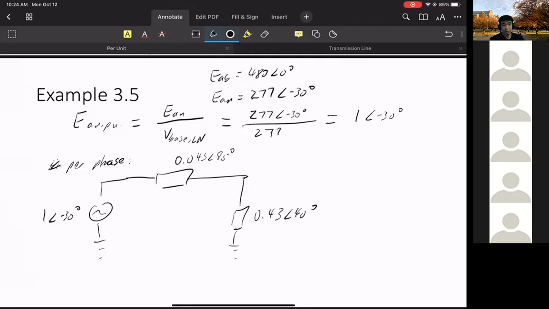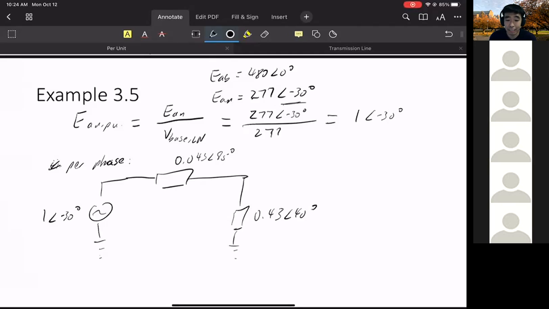Any questions with this one? The important thing to remember is that when you go from line to neutral, there's an angle shift. There's a 30 degrees angle change, right? Before, when doing in-class exams, you sort of have to have a fairly good idea, memorize this.